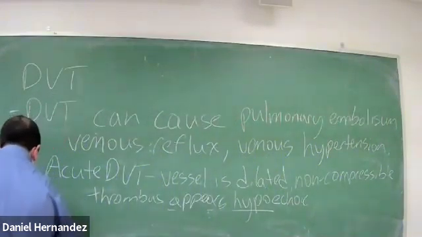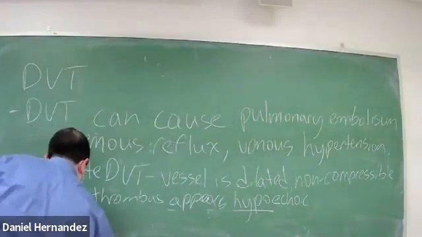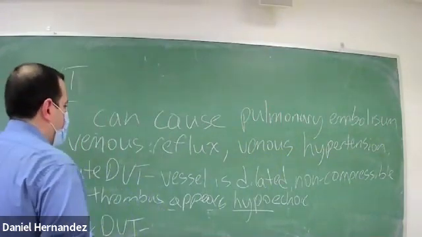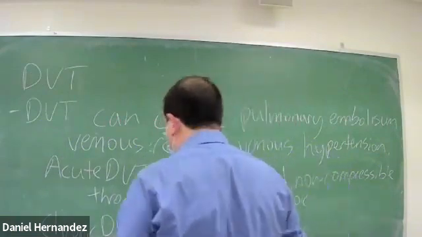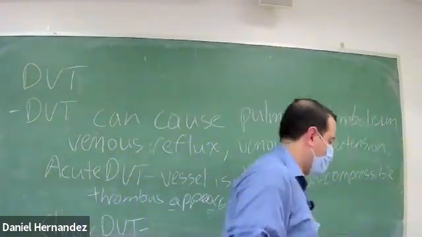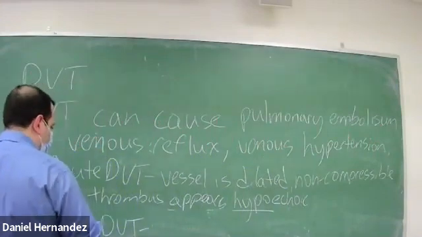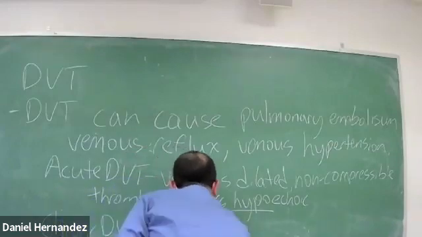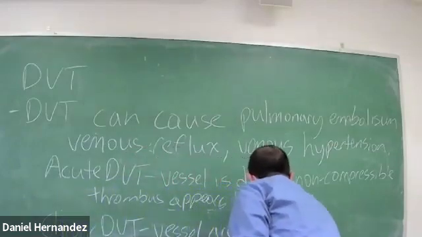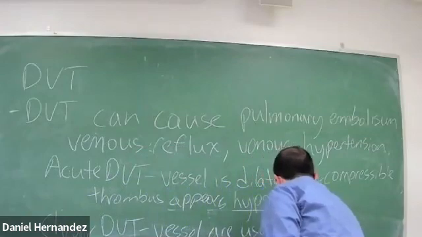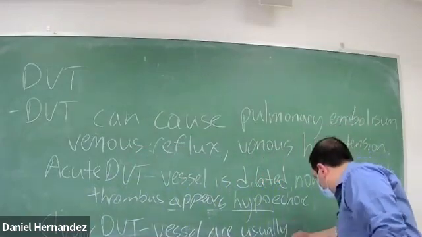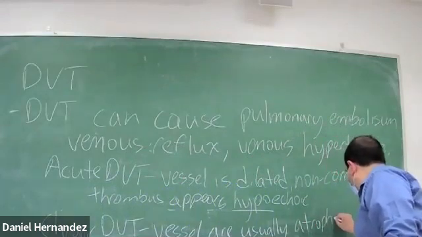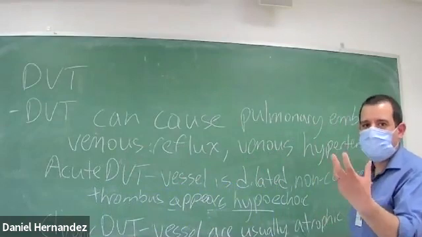Chronic DVT. Chronic DVT vessels are usually atrophic, meaning that the vessels become smaller.